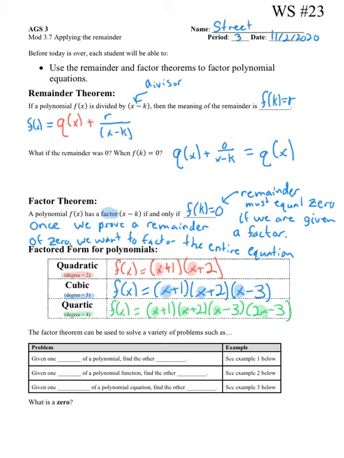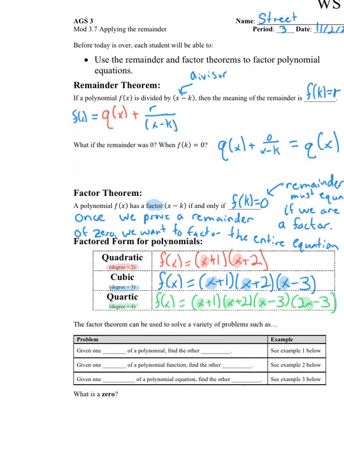And just a quick note, remember that factored form also means intercept form. Remember, we want to put these equations into factored form so that we can identify the x-intercepts easily. That's the whole idea here. That's why we want to go to factored form. Okay. Now there's some important vocabulary we got to know.